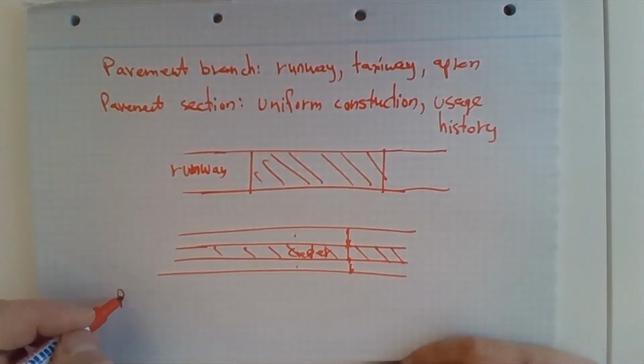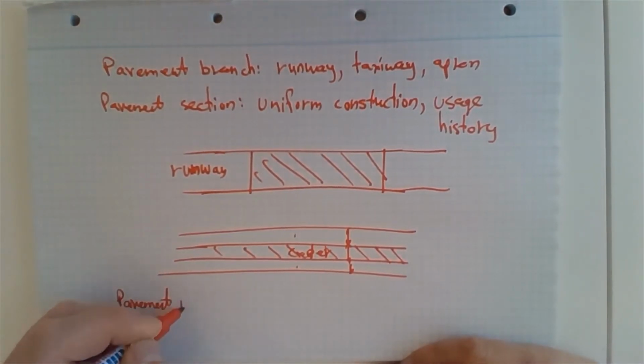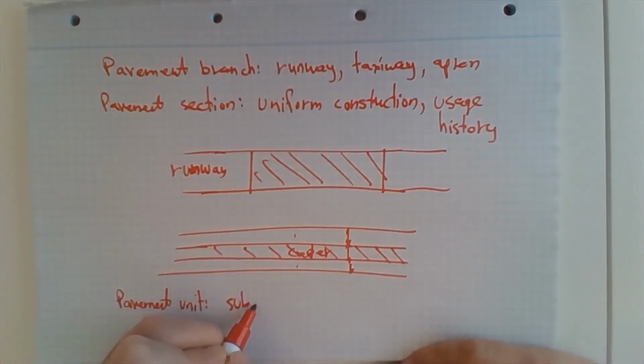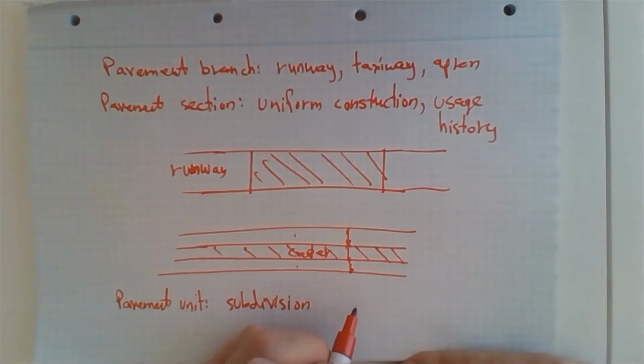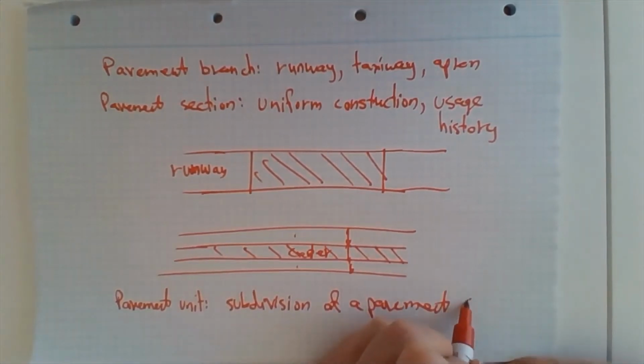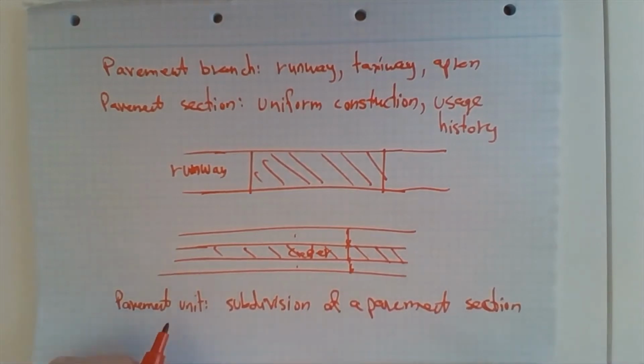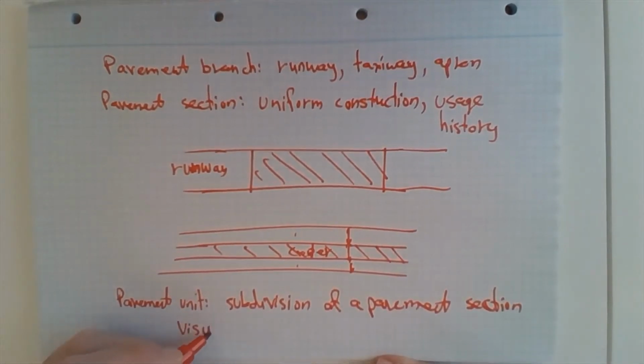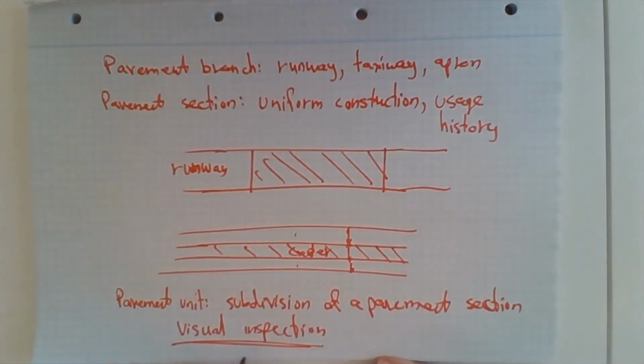And lastly is a pavement unit. That is when we subdivide the pavement section for the purpose of visual inspection. So for visual inspection purposes, in order to calculate the PCI, we need to visually evaluate the damages or the distress in a section.